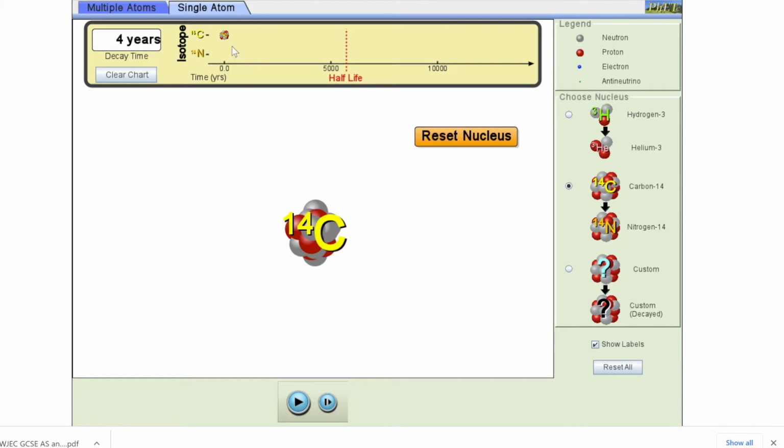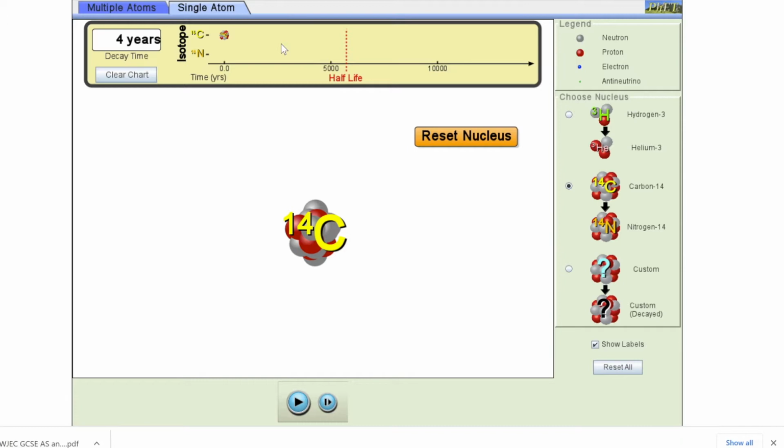If you look at the top here, we're simulating what could happen to this atom over time. At some point, that atom is going to decay, just like a bubble in a bubble bath could pop at any time.